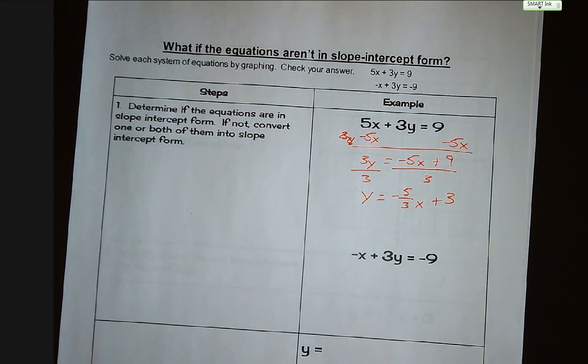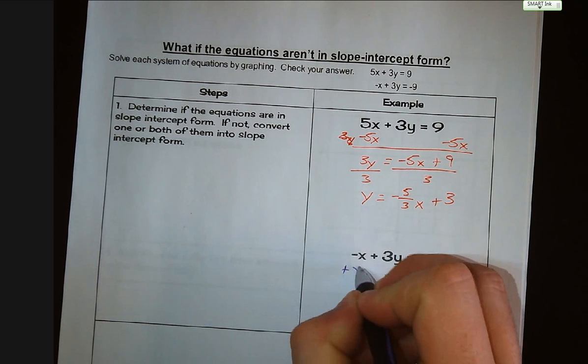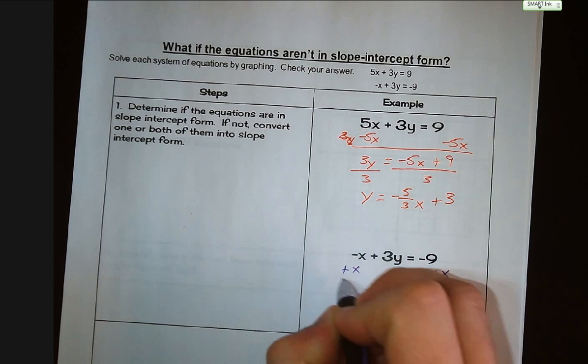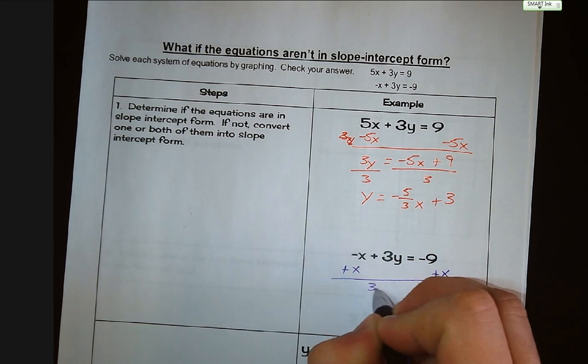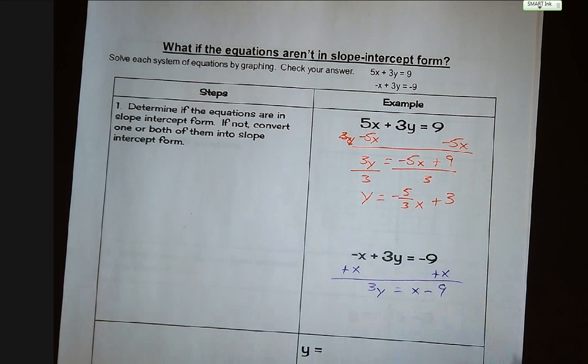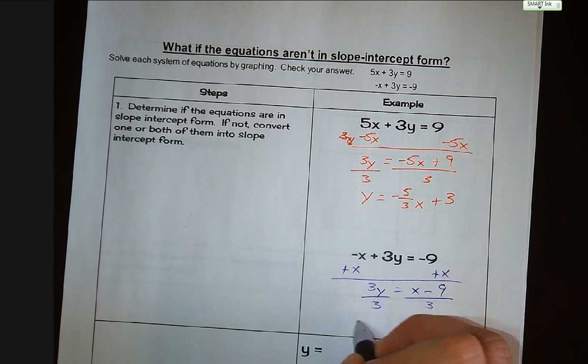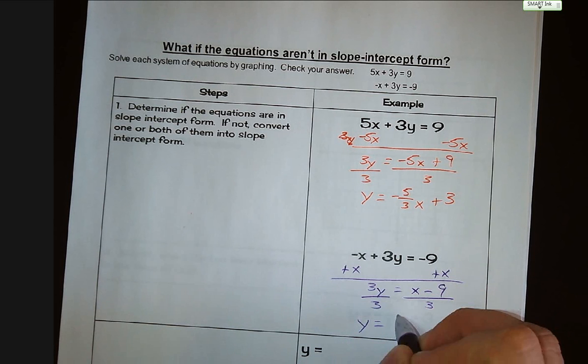Okay, our second equation, we're going to add x to both sides. And so we get 3y is equal to x minus 9. Divide both sides by 3. y is equal to 1/3 x minus 3.